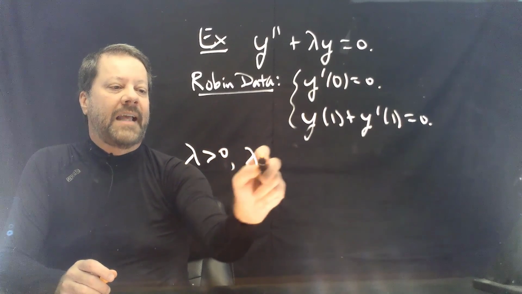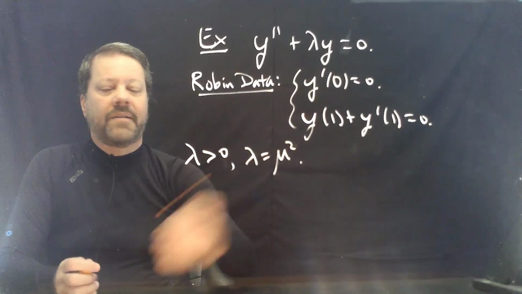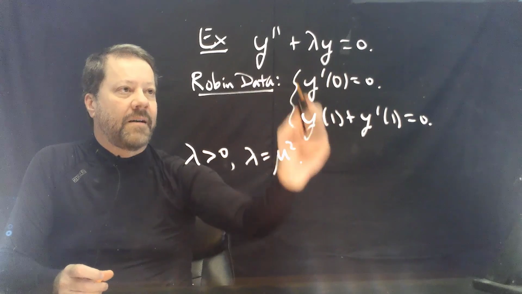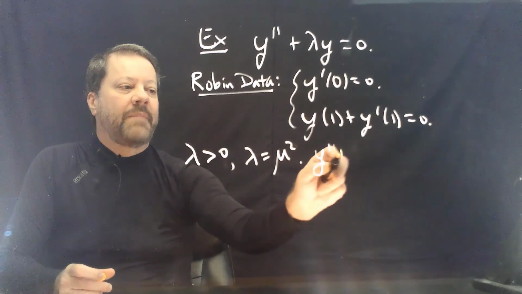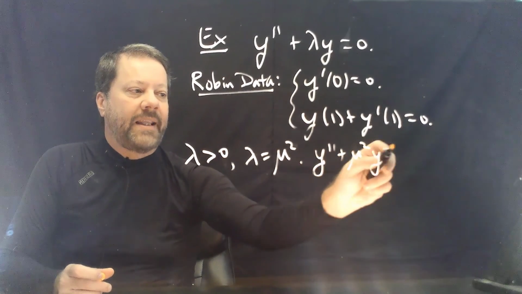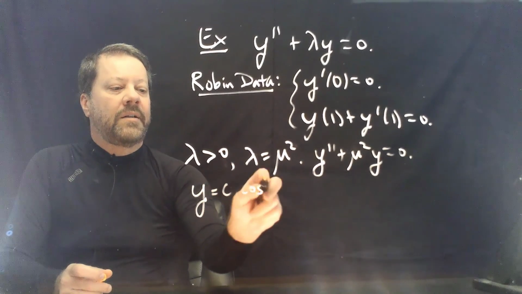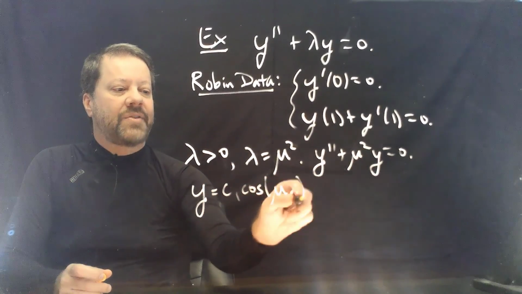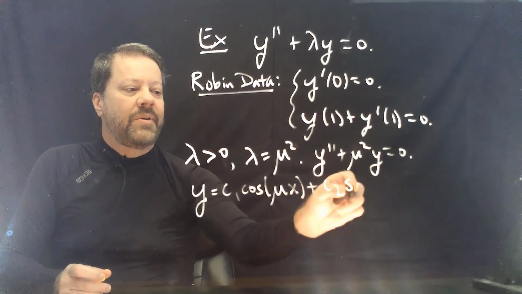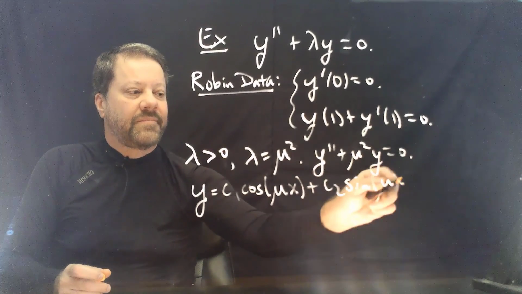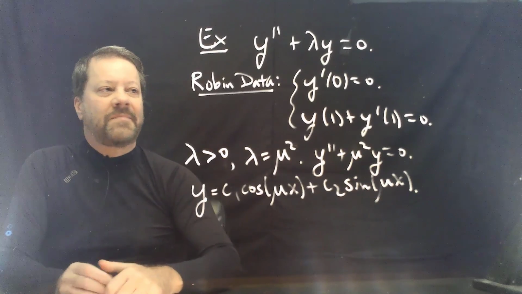We'll set lambda equal to positive mu squared. And then our differential equation will be y double prime plus mu squared y equals 0. That has a general solution of the form c1 cosine of mu x plus c2 sine of mu x.